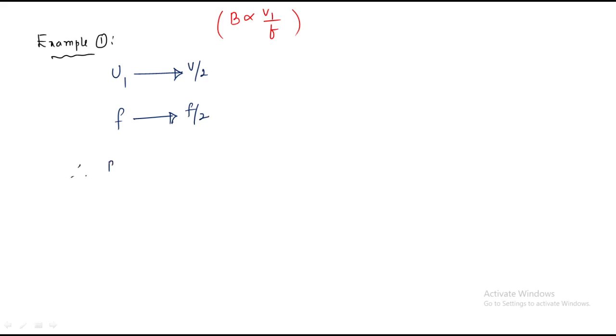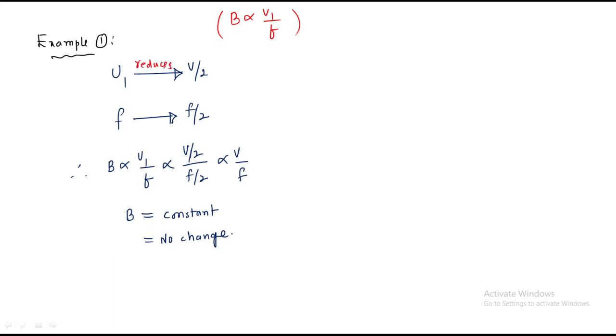So B is proportional to V1 by F, which is proportional to (V by 2) by (F by 2), which is proportional to V by F. So B is constant, no change, because the supply voltage is reduced to half and the frequency is reduced to half. There is no change in the flux density, no problem.